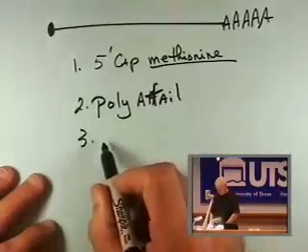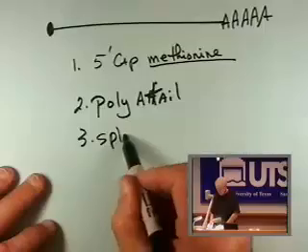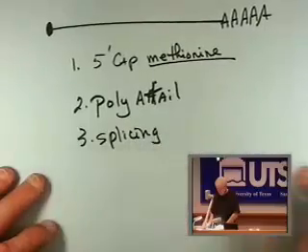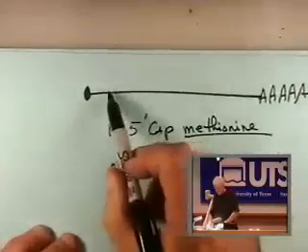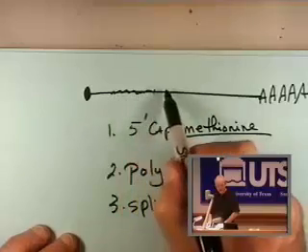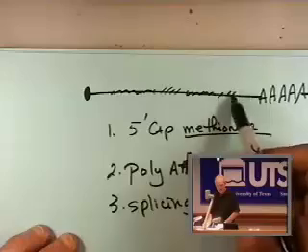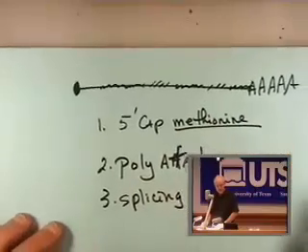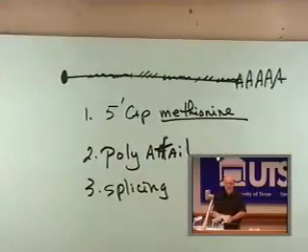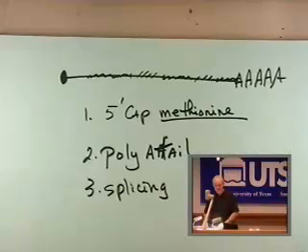And then the third is splicing. So along here we have somewhere representing the exons and introns from the parent DNA of the gene, right?